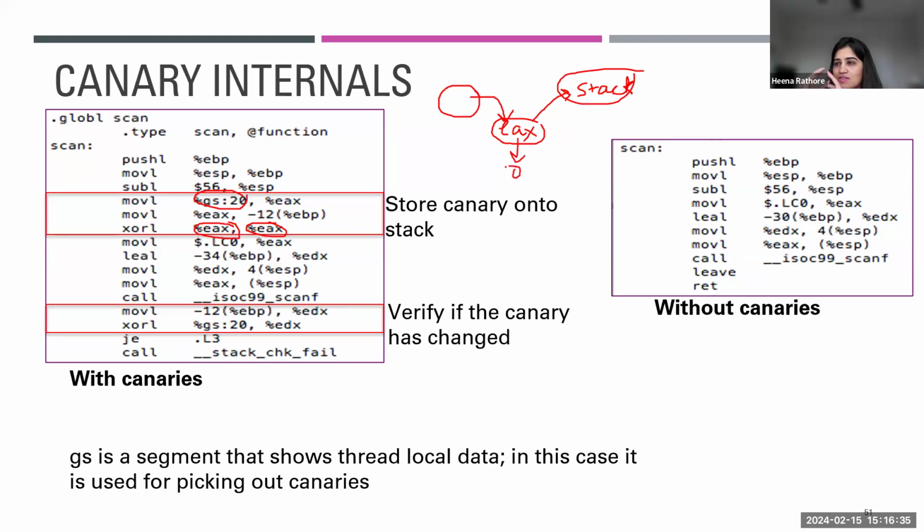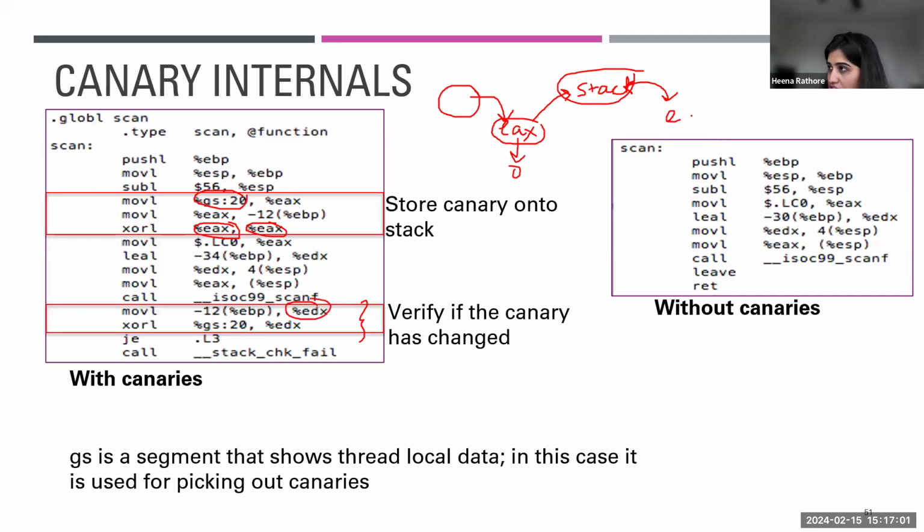So this is before the function is being called. And after the function is being executed, you verify whether the canaries has been changed or not. For that, you take the contents from the stack and you put this in the EDX register.